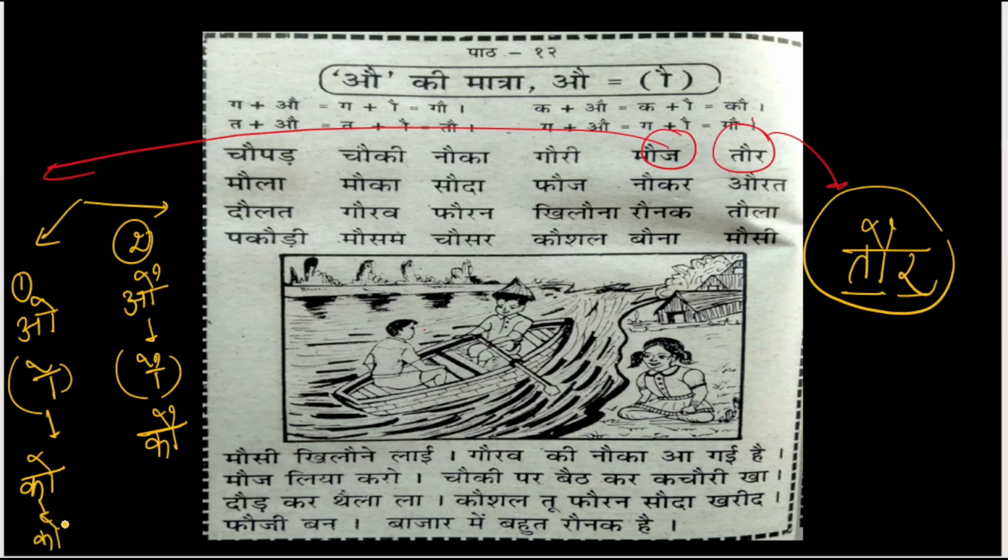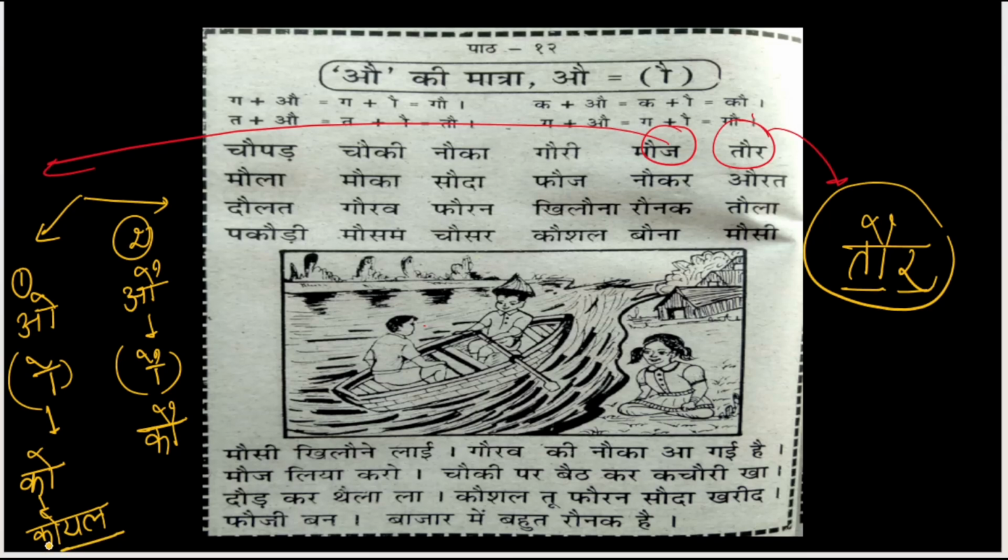Now it will be pronounced like koyal, koyal. And the pronunciation of this word would be ka, matra of o, shal, Kaushal. Okay, I hope you understood the basic difference between these two matras.